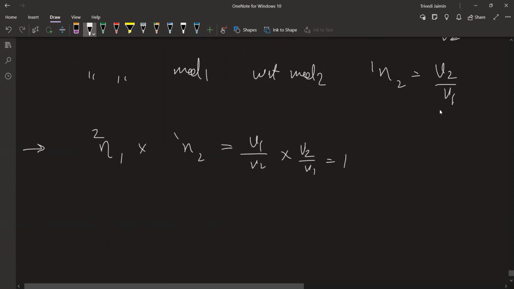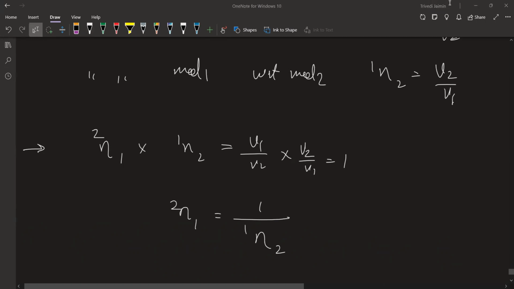So what does it mean? That day you gave a formula, Aditi, right? One by N2. So it is the reciprocal of this one. So is it N1 square?